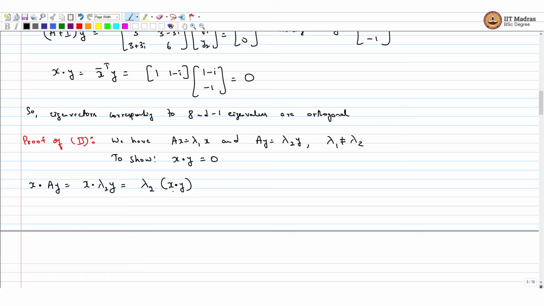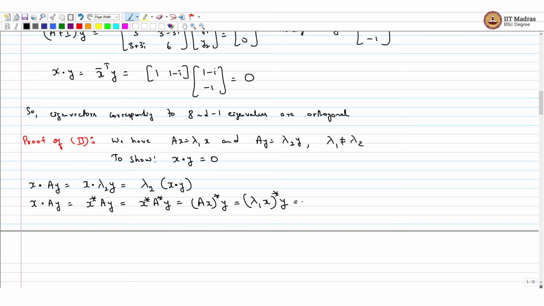Okay. Second way of doing the same thing: x dot Ay is x star Ay. That's just the definition. x star is x bar transpose. But we also know that A equals A star. So I can write this as x star A star y, which is the same as Ax star y. But Ax is lambda 1 x, star y.